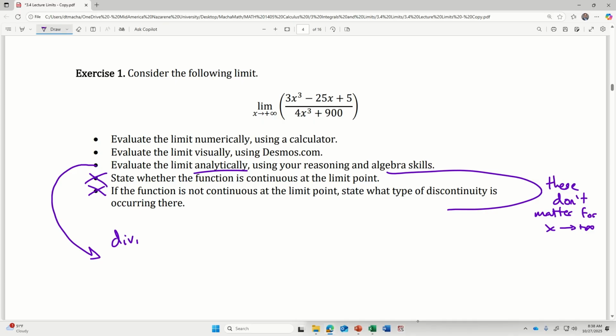And again, we are going to tackle this by dividing both the numerator and denominator by x cubed.